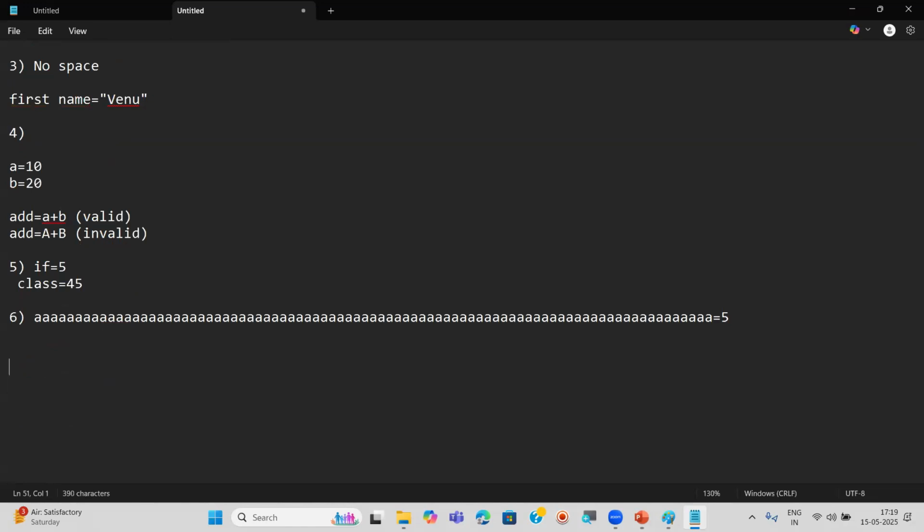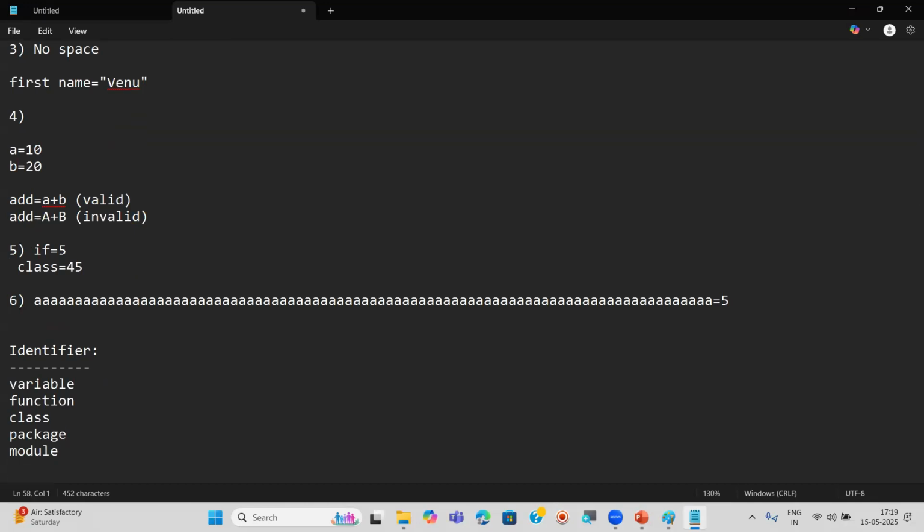Next, identifier. Identifier means the name of a variable, the name of a function. Function we'll see later. Class, package, module. So the name of anything is called an identifier in Python.